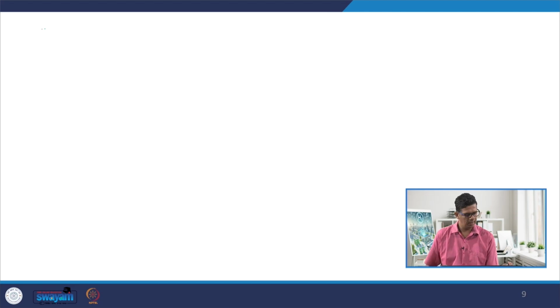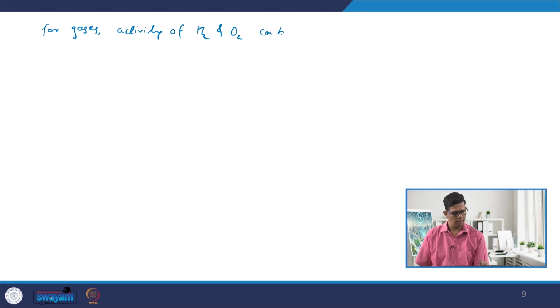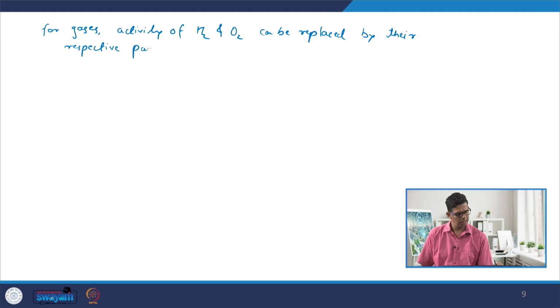So, let me write this up. For gases, as we have discussed, the activity of hydrogen and oxygen can be replaced, or rather it is equal to their respective partial pressures.